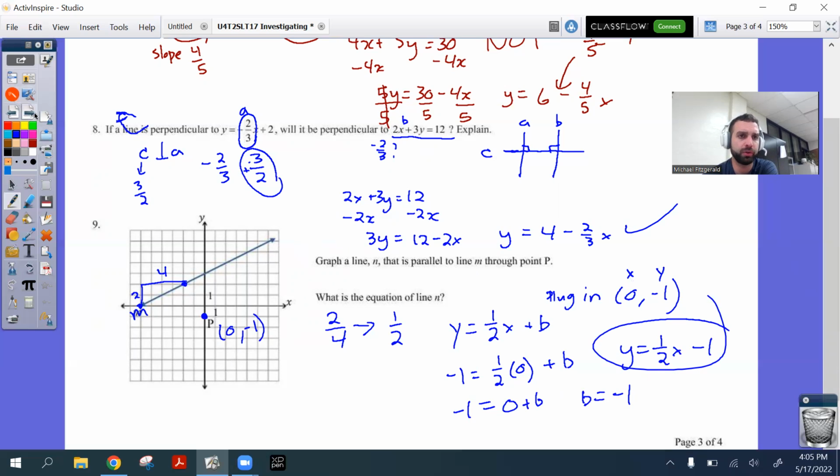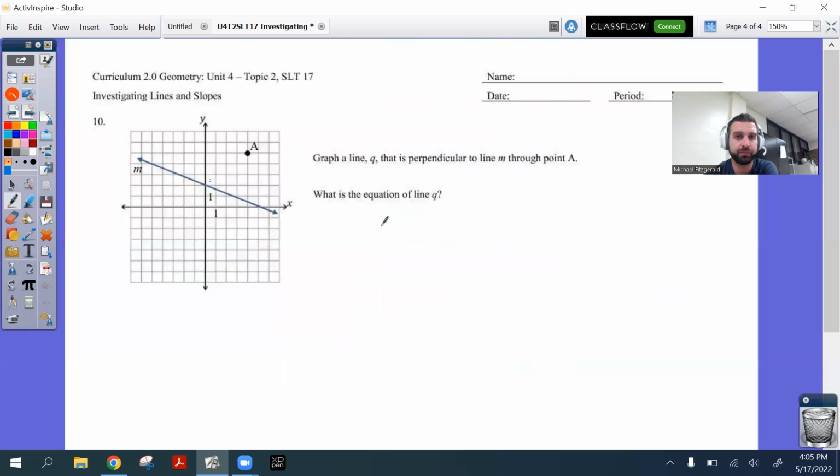Let's see what else we can do, how much time we have left. This is a more tricky one. Okay, graph a line Q that is perpendicular to line M through point A. All right, what we need to do is find a slope for this. Let's also find this point A. Point A is, let's see, 1, 2, 3, 4, 1, 2, 3, 4, 5.